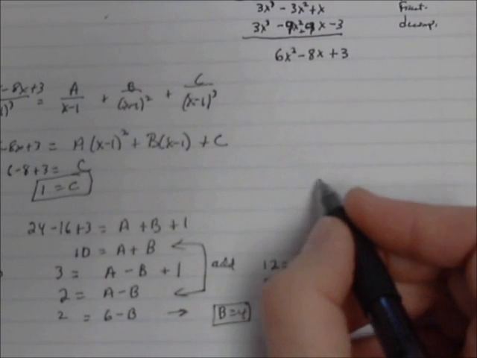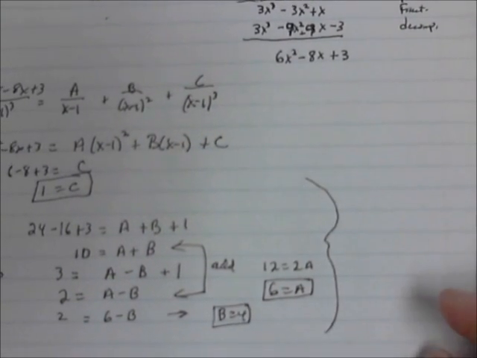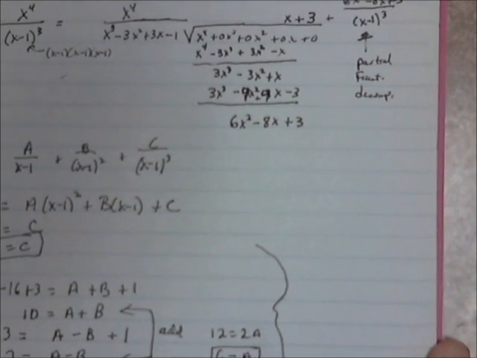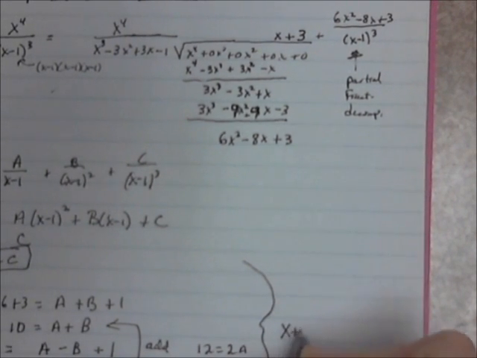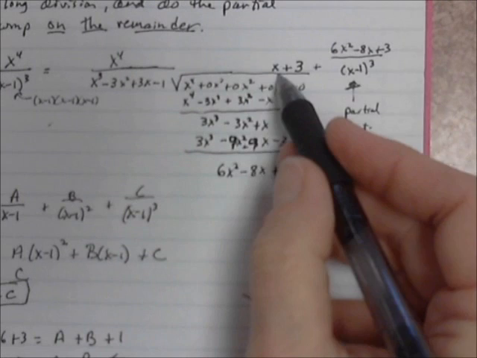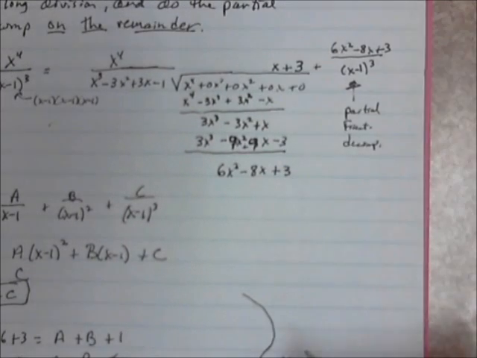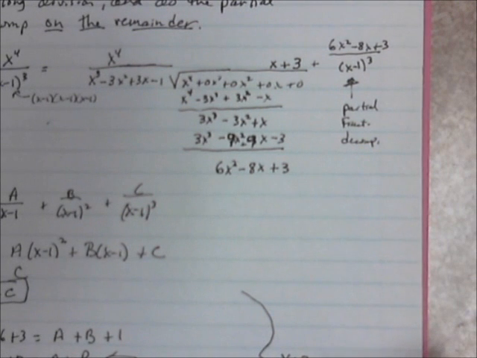So if we put those all together, our partial fraction decomposition combined with our long division, our answer will be x plus 3, which was the result of our long division up here. Don't forget to put that. Don't just put the partial fraction decomposition down.